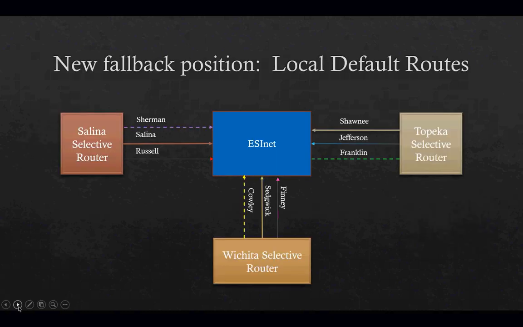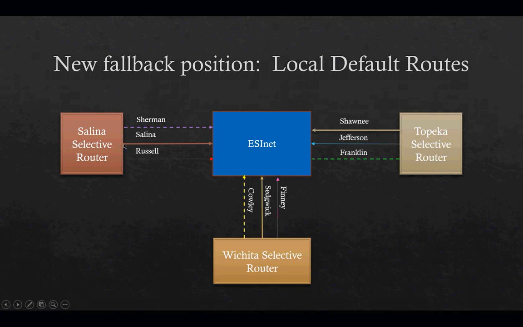So first let me show you what the Council is doing with all these pretty colors. So like I said before, calls only come from 3 places into the EZINet, the selective routers in Topeka, Wichita, and Salina. But there are multiple trunks coming down, and so we're doing some organization on the back end.